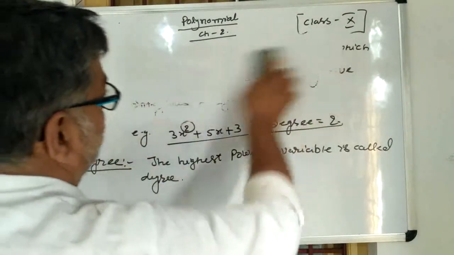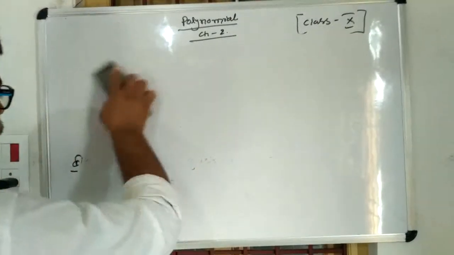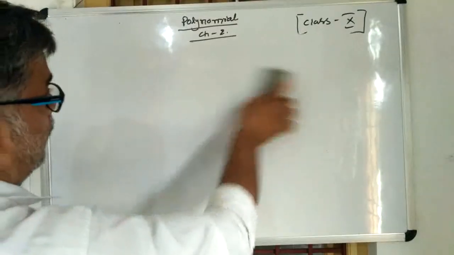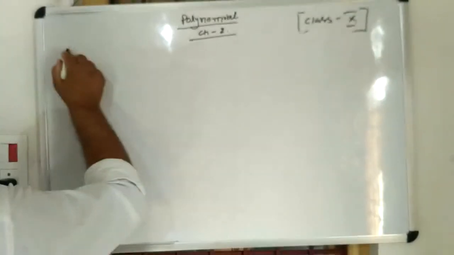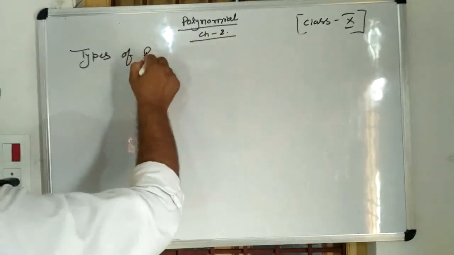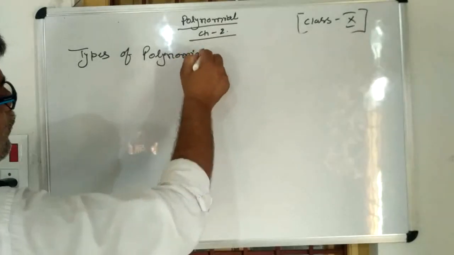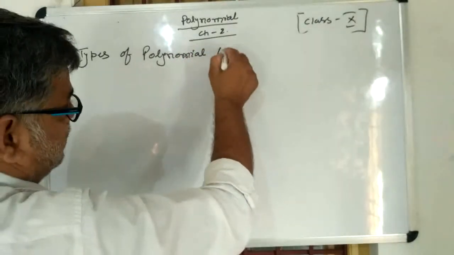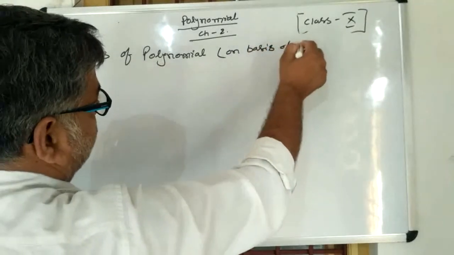Now let's see the types of polynomial on the basis of degree.